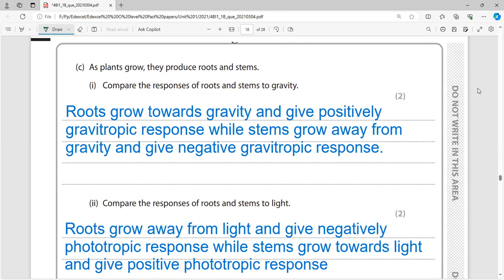The root grows toward gravity and gives a positive gravitropic response, while the stem grows away from gravity and gives a negative gravitropic response. If the part of the plant is moving toward the stimulus, that is a positive tropic response. If it is moving away from the stimulus, that is a negative tropic response. So here you need to write and describe the correct tropism of the root and stem.